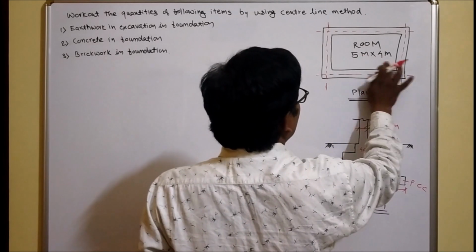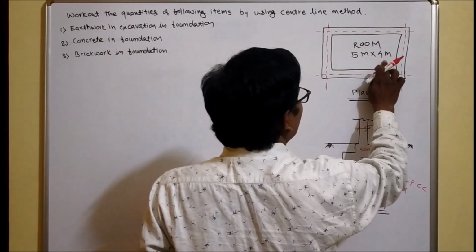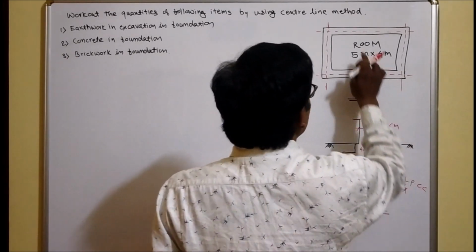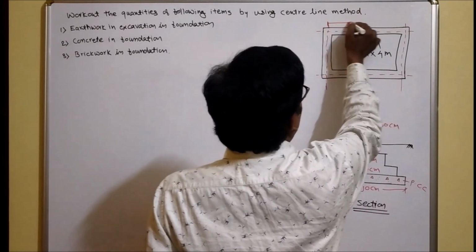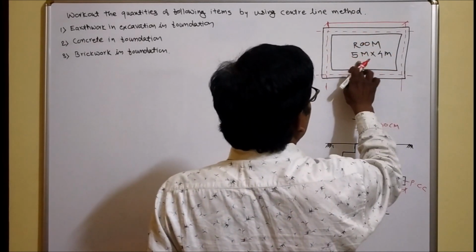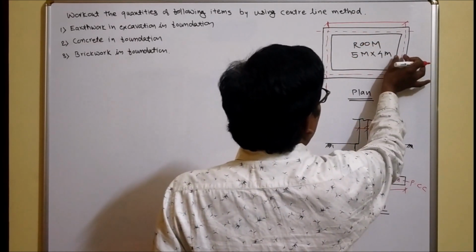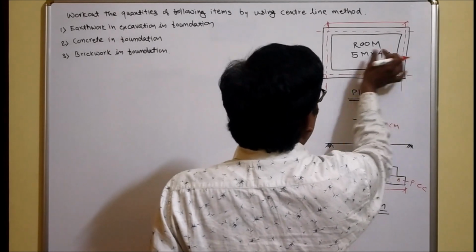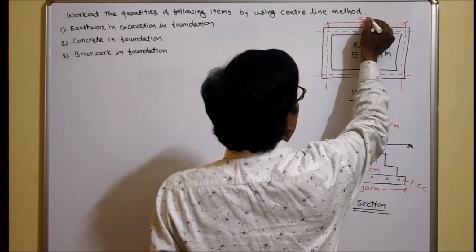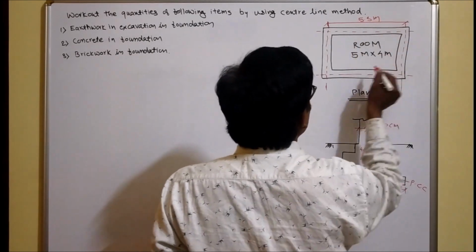So the room size is 5 meter by 4 meter and the thickness of wall is 30 centimeter. So this center to center distance is 5 meter plus half width of wall and half width of wall, that is 5.3 meter.